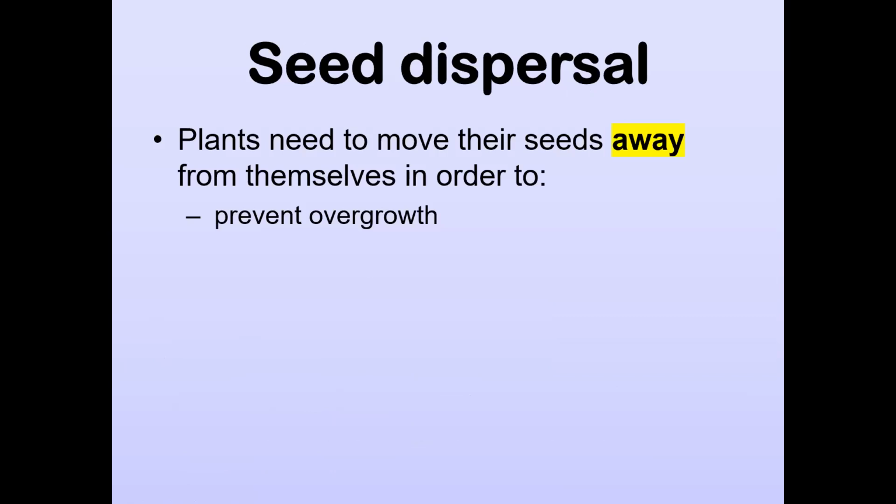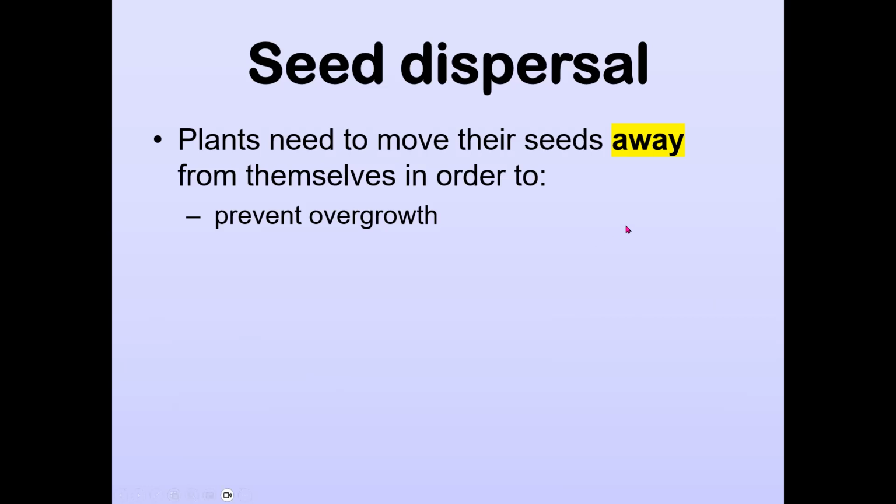Now, moving on, how do plants disperse their seeds? They produce seeds, they want to reproduce themselves elsewhere, but not next to themselves, where they're under competition. So they need to move them away.